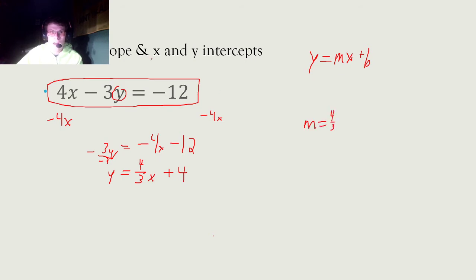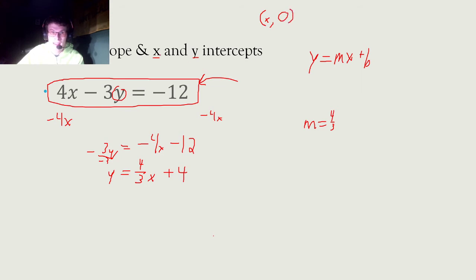Now, how do I determine my x and y intercepts? I can still go back to my standard form equation. Remember, your x-intercept is where your point is going to cross the x-axis. So it's going to be x, and your y is automatically going to be 0.